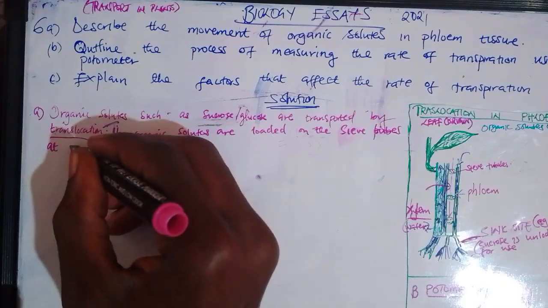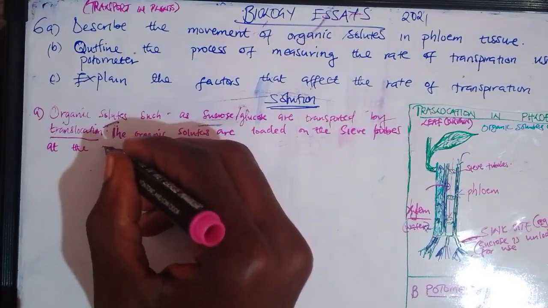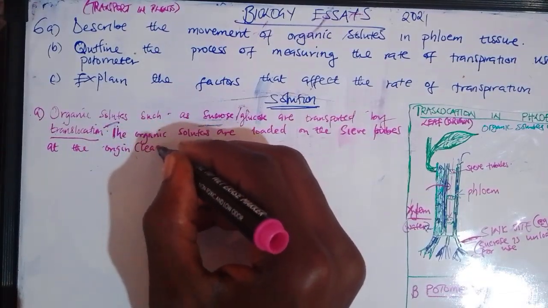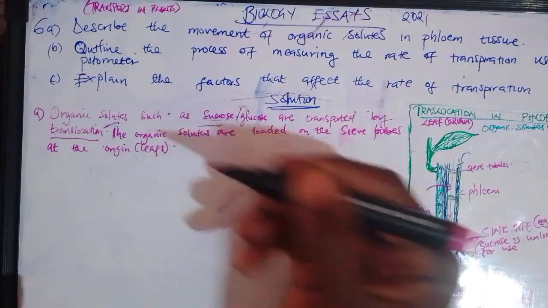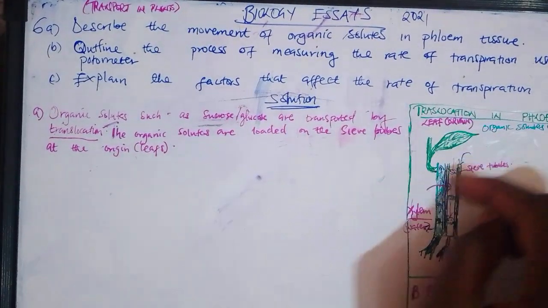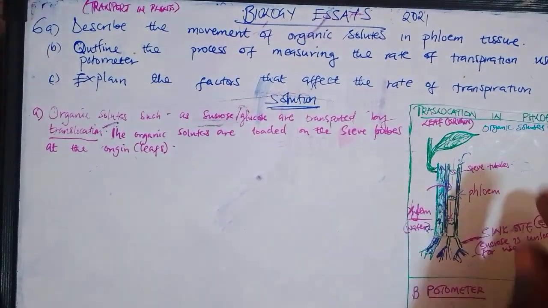So we said that at the source or origin, which can be leaves, I've shown you the diagram here. We say that this is where the organic solutes are loaded into the sieve plate.